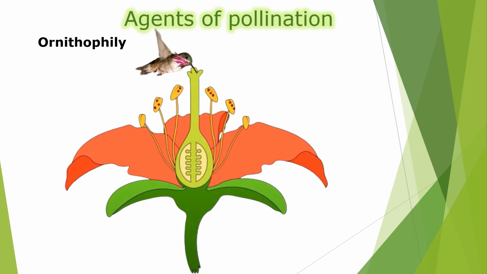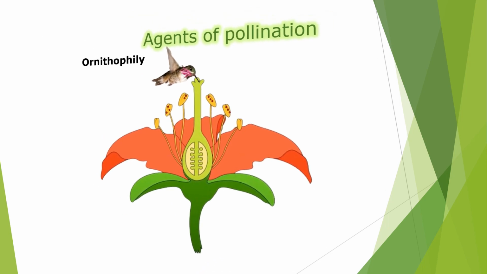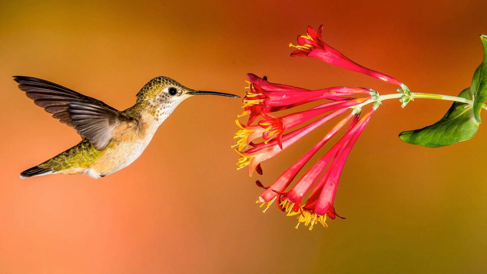Similarly, when birds help plants with pollination, this kind of pollination is called ornithophily. There's another example where you see a very beautiful hummingbird helping a plant with fertilization.